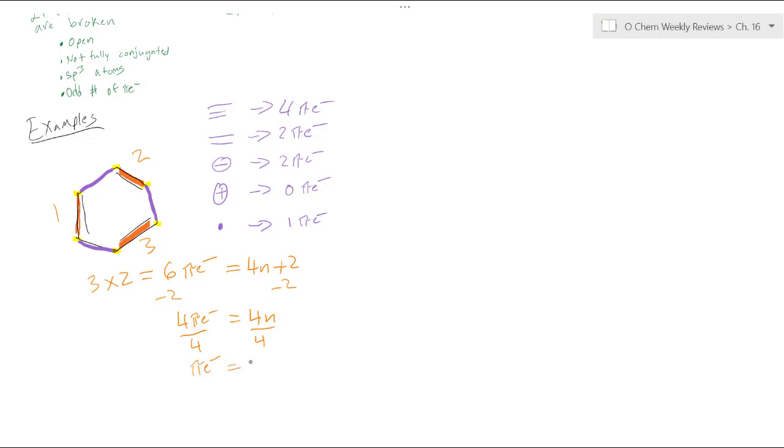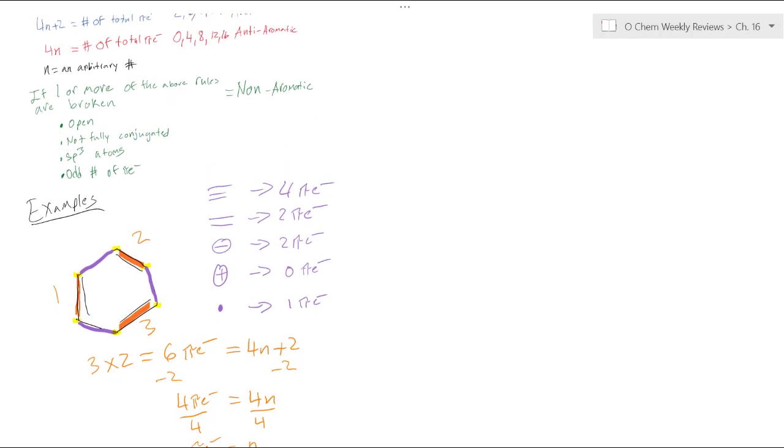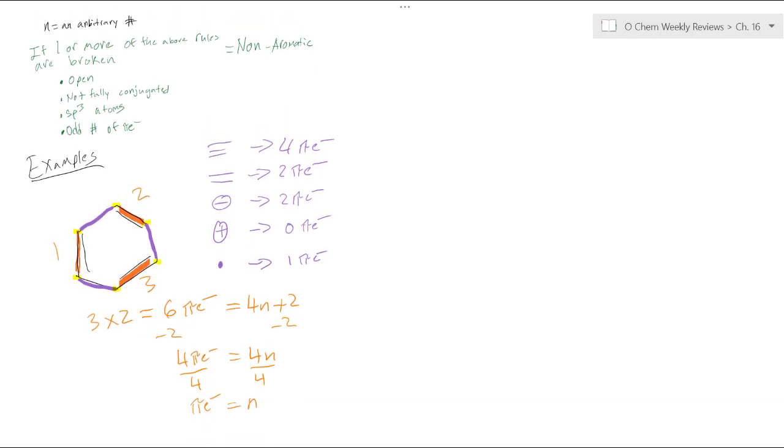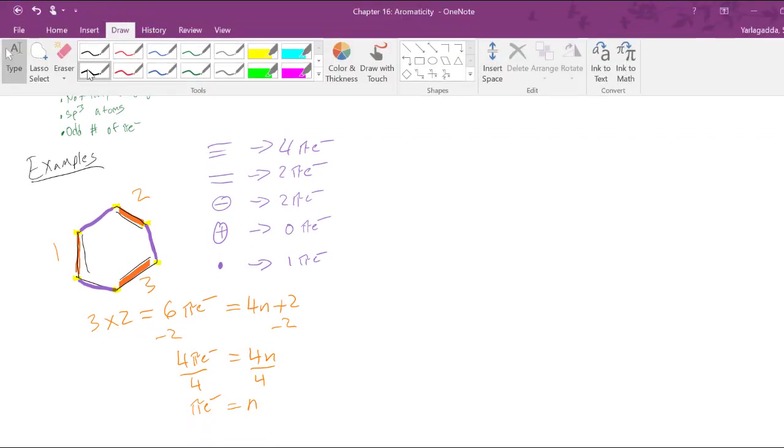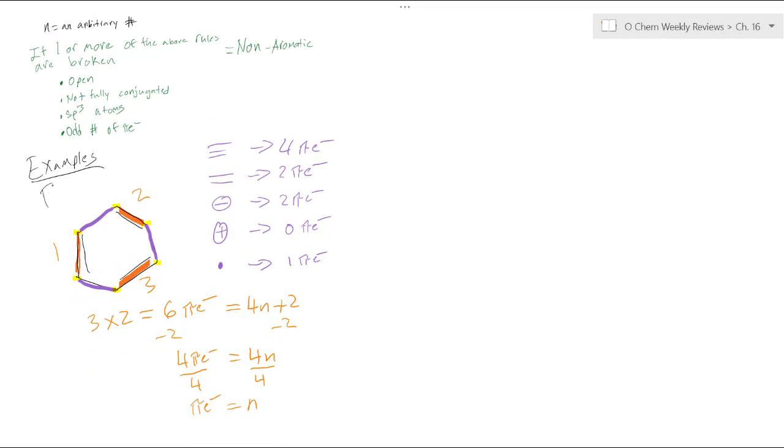Okay, now we want n to come out as a whole number. Now n could be any arbitrary number, so keep in mind, as long as it evenly splits on both sides, then you're good. You did your job. Alright, so that's why a benzene ring is aromatic. So let me label this: benzene ring. Okay?